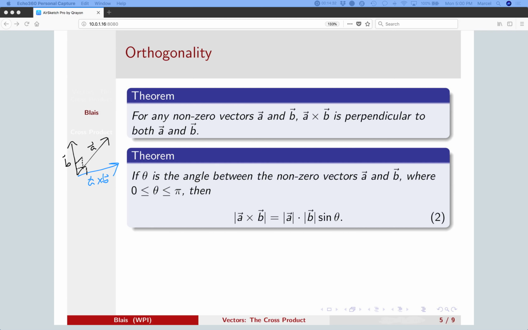So what I mean by that is A cross B is different than B cross A. What happens is B cross A points in this other direction. It's in the opposite direction of A cross B. We'll mention that in a set of properties in just a minute.